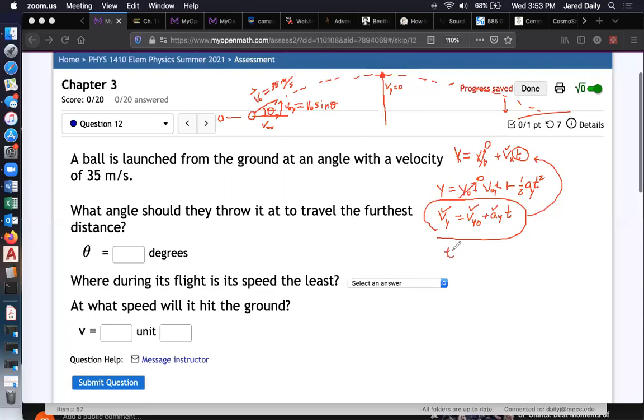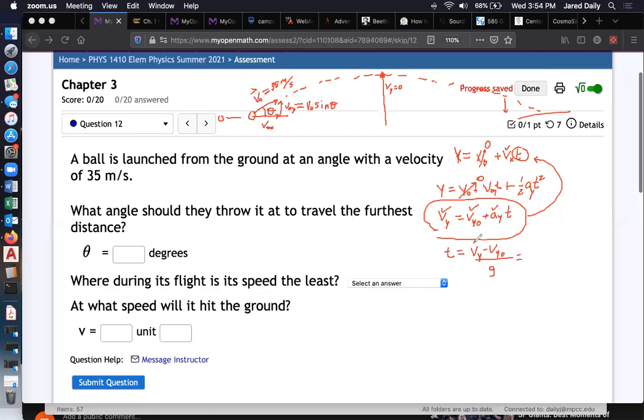This bottom equation for time is going to be time equals the velocity in the y direction final, subtracting the velocity in the y direction initial, and then I'm going to divide both sides by g. So the time will be the difference between the final and initial velocities in the y direction divided by g.